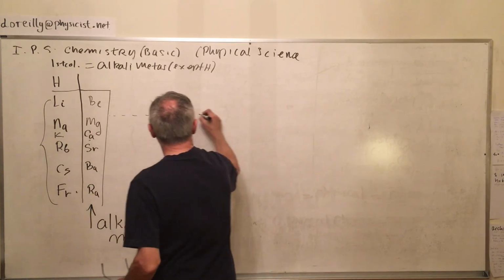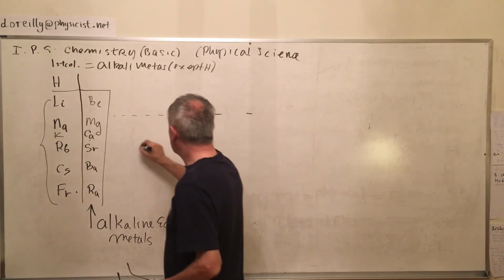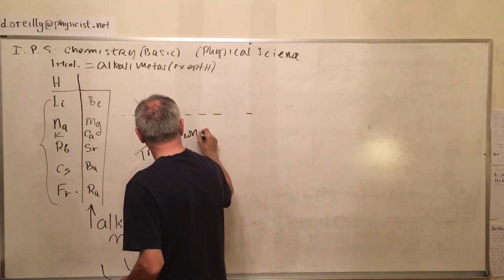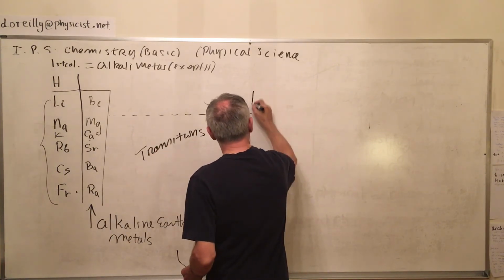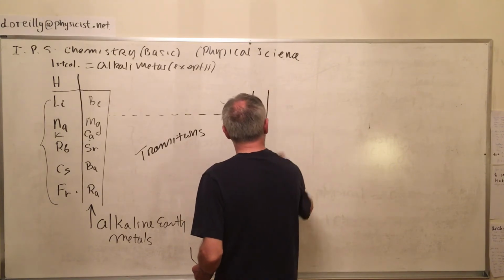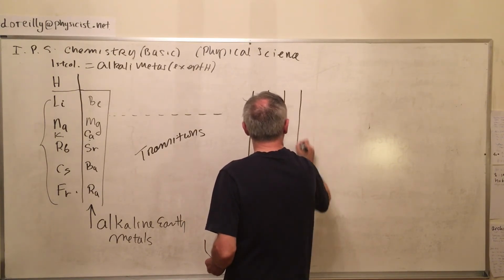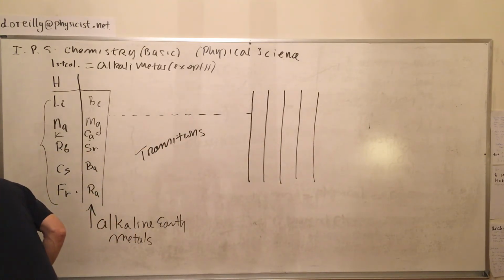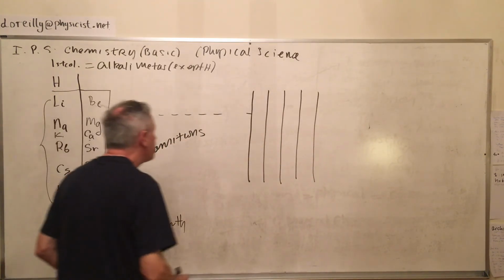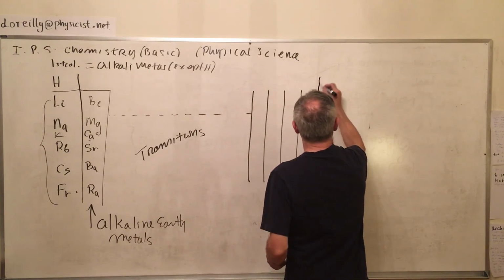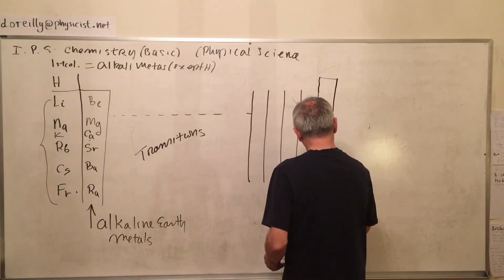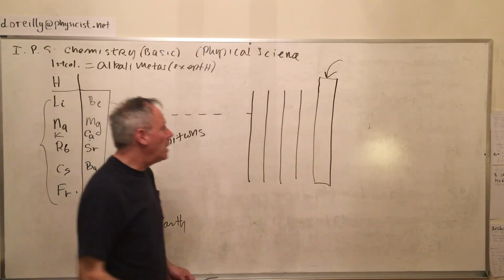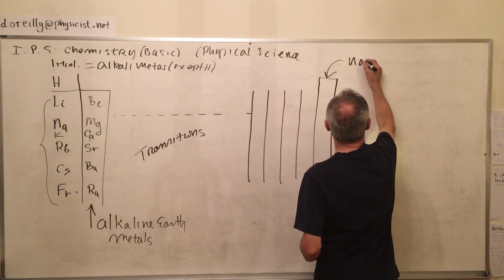We then have a whole lot of average elements in here, transition elements. And then we come over to some more groups here. Let's get that right. Now, at the very end of the periodic table, we have the noble gases.